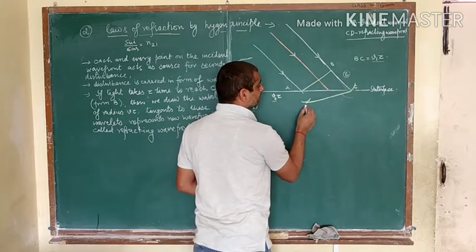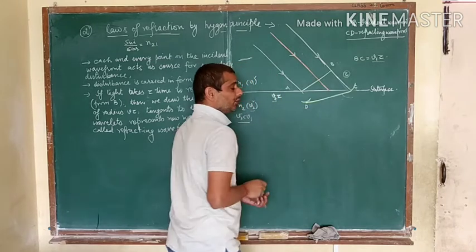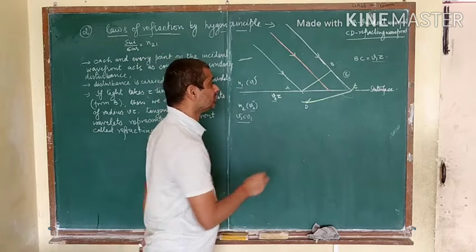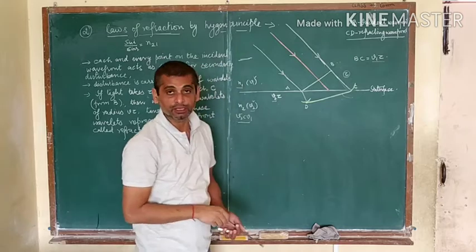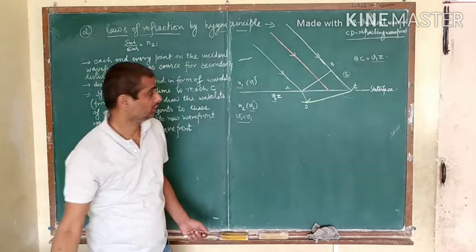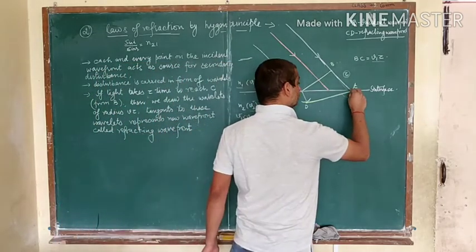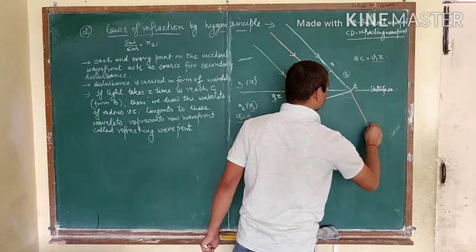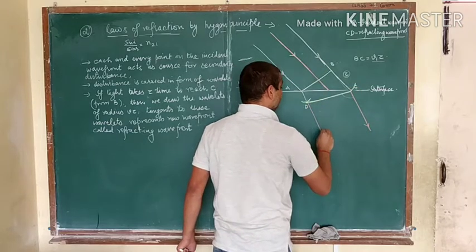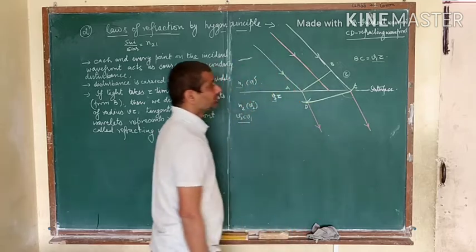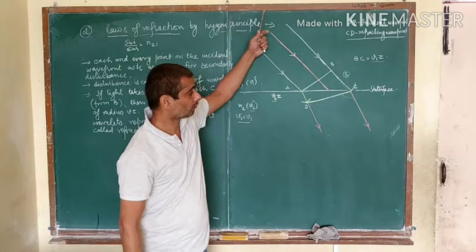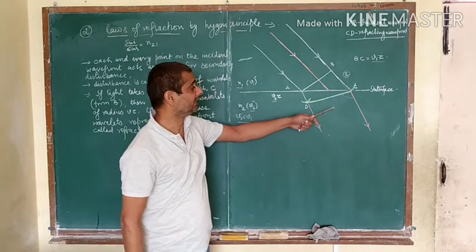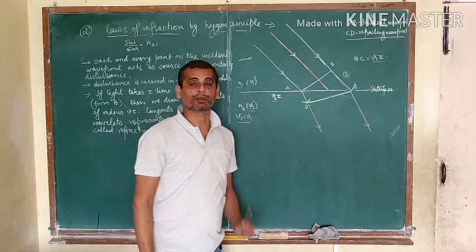I take this point as D. We know that light emerges out perpendicular to the wavefront, so the light will be along this direction. So this is your refracted light. From here you can see that when a beam of light goes from one medium to the second medium, it bends from its path.